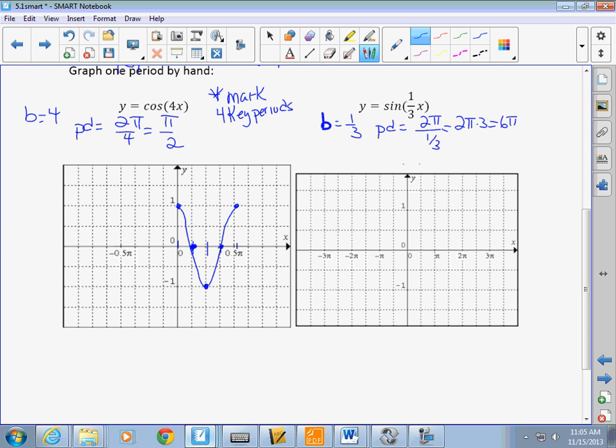Right, so my graph that I've given you here only goes to 3 pi. So I have to travel a distance of 6 pi in order to show one full period. I could show a half from here to here, but if I go from negative 3 pi to 3 pi, that's a distance of 6 pi.